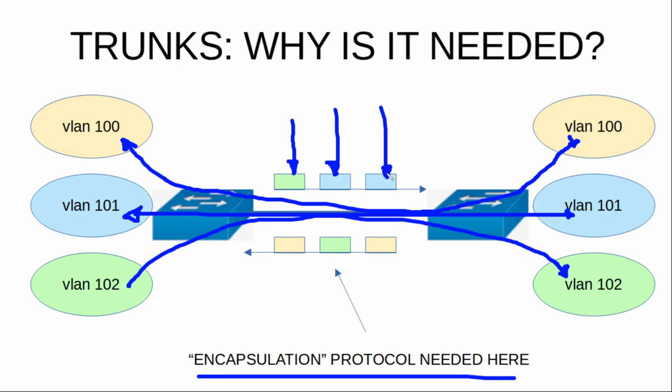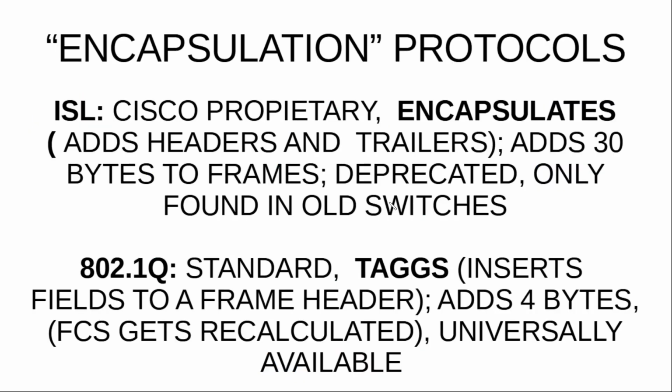The regular Ethernet frame does not have a field to identify VLANs, so I need another protocol that helps me doing so. We have two options in Cisco. Cisco ISL, which is a Cisco proprietary protocol, mostly deprecated now.